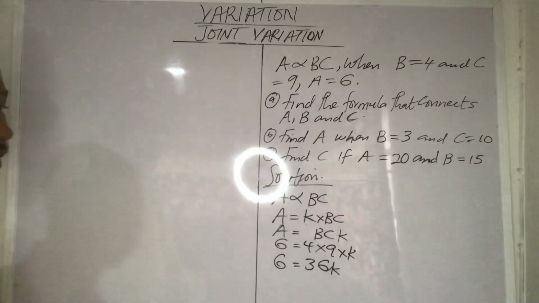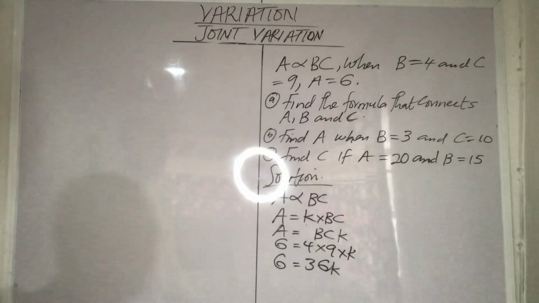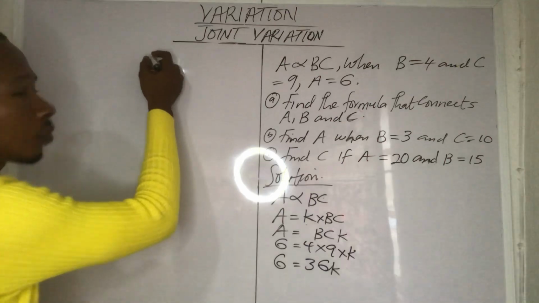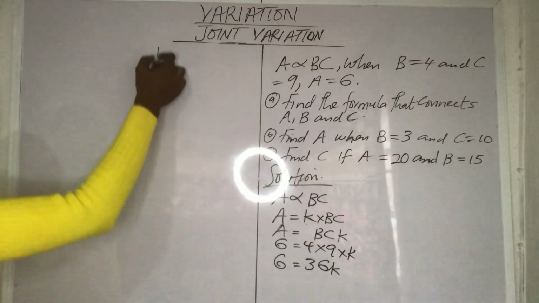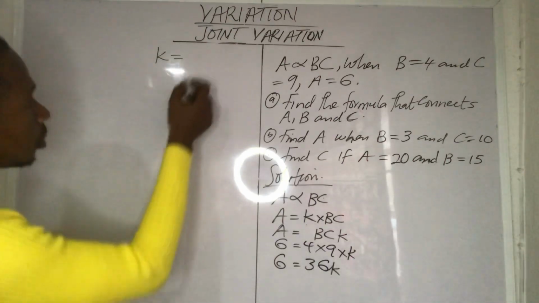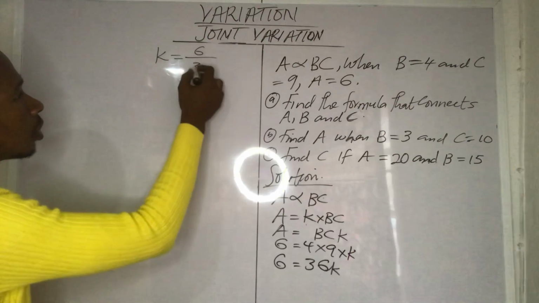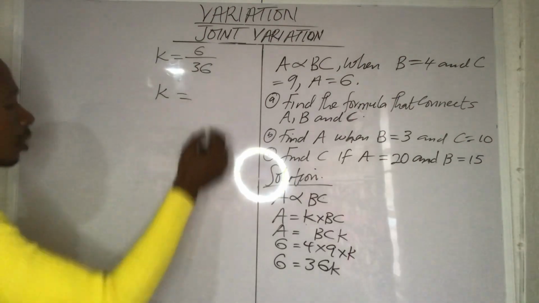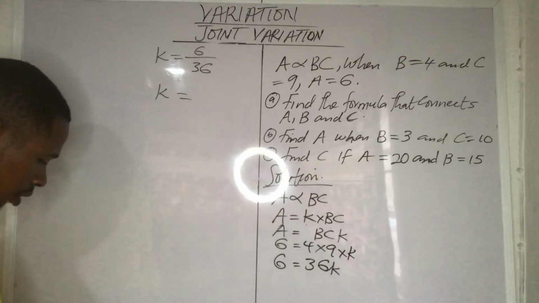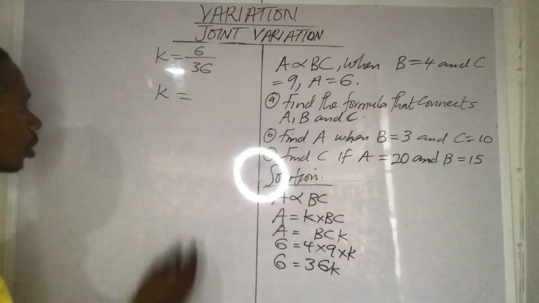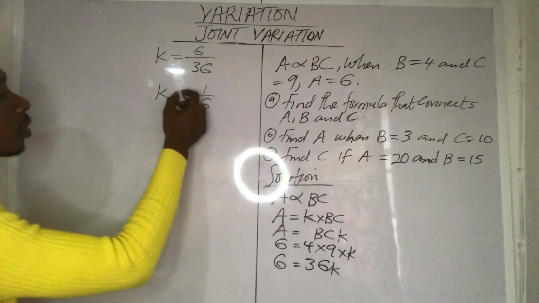If I divide both sides by 36, I will have K. So K is equal to 6 over 36, that is, K is equal to 1 over 6.